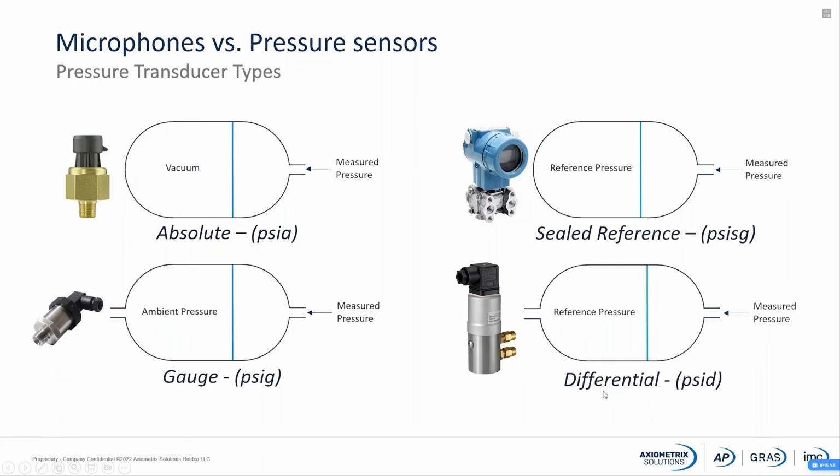We can also have what we call the differential pressure sensor, which means that you have a reference pressure on one side and you have the measured pressure on the other side. So basically four different types of measurements. So if you compare it with the atmospheric pressure, you have the absolute and the gauge measurement. And if you're comparing with a reference value, then you have a sealed reference or a differential.